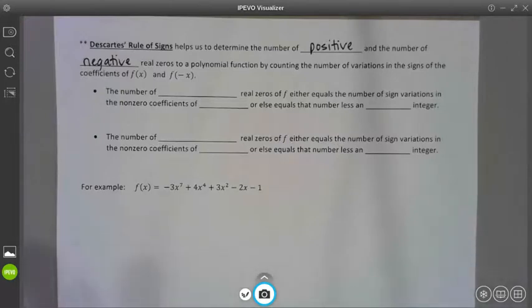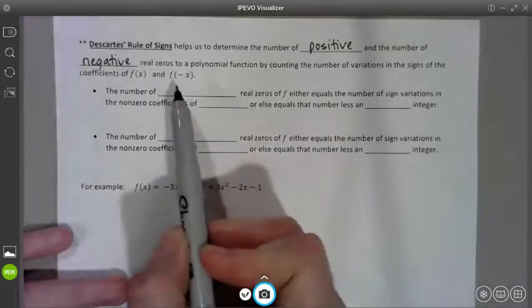So again, what Descartes' rule of signs is going to do is if you have a degree 5 polynomial, then it's going to help you figure out of those 5 possible zeros, how many of them are positive real zeros and how many of them are negative real zeros, just to kind of give you maybe a position on the graph that they're going to lie in, just kind of help you position the graph better. Okay, so let's see what it says.